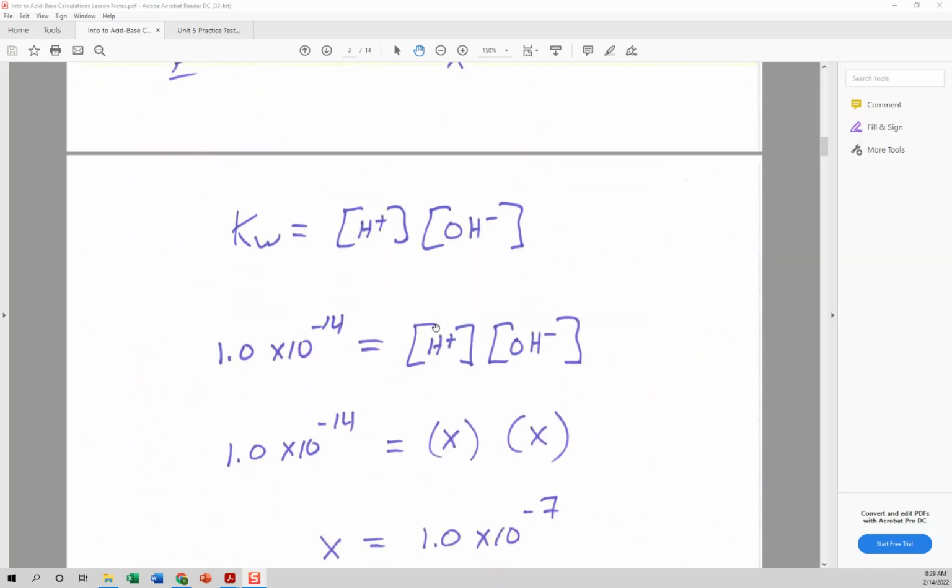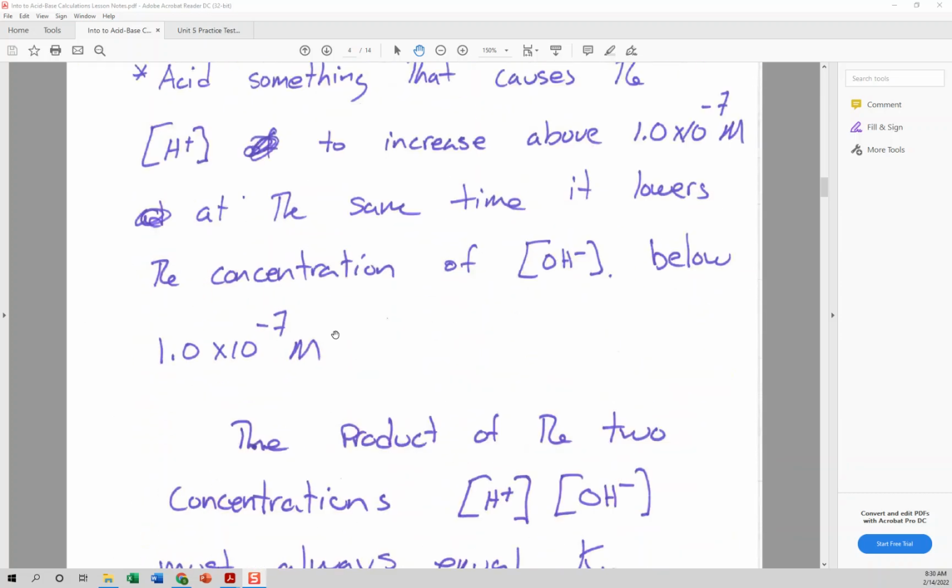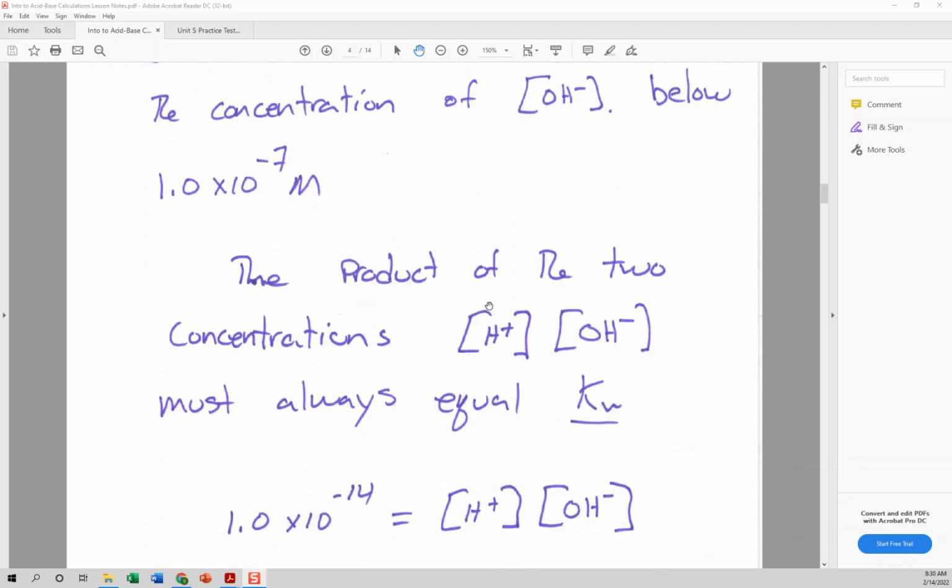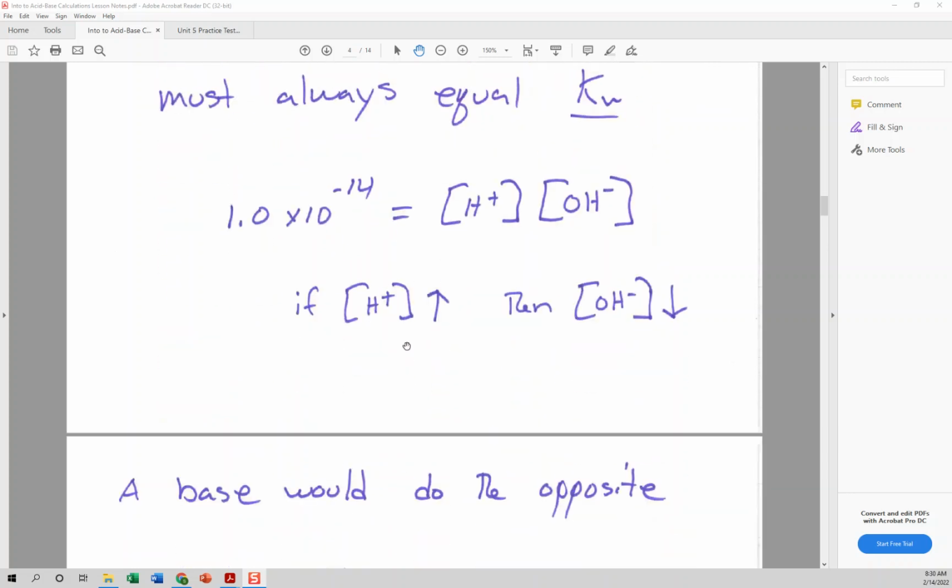So the concentration of H plus times the concentration of OH minus in any water-based solution will always be Kw, 1 times 10 to the negative 14, all right? So again, an acid is something that's making this go up and at the same time making this go down, right? And a base is making this go up and at the same time making this go down, okay?